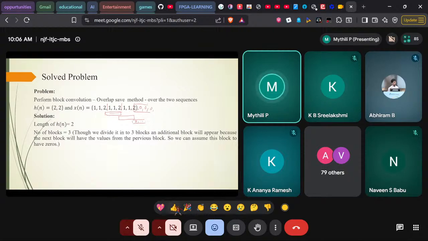Looks like number of blocks is 3. Though we divide it into 3 blocks, an additional block will appear because the next block will be having the values from the previous block. So you can have an imaginary extension to the sequence with zeros. Therefore, number of blocks will be 4. Is that clear?